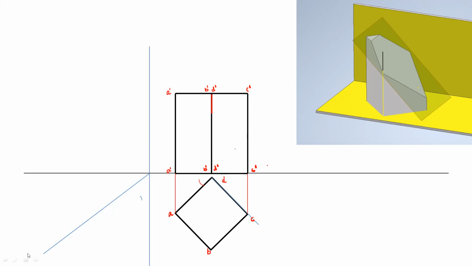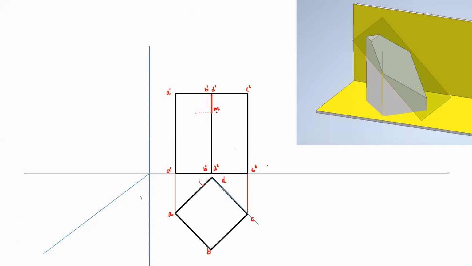In manual drafting, first you locate this point. You can take this point as a point M. Then use the protractor and take the angle of 40 degrees.